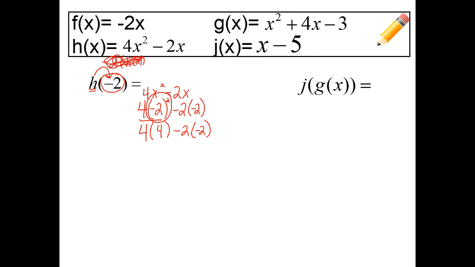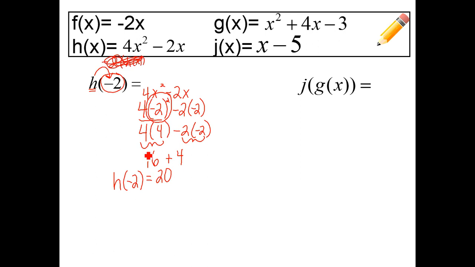Now I can do that multiplication. 4 times 4 is 16. This is a negative 2 times a negative 2 here. That's a positive 4. 16 plus 4 is 20. So h, when I plug in negative 2, becomes 20.